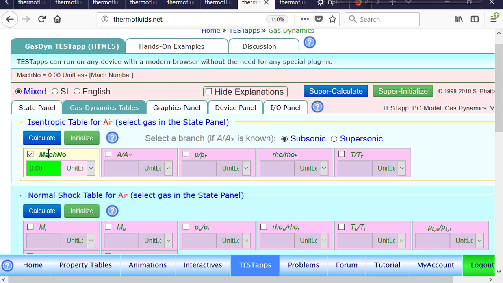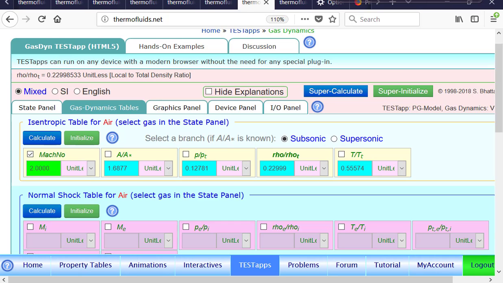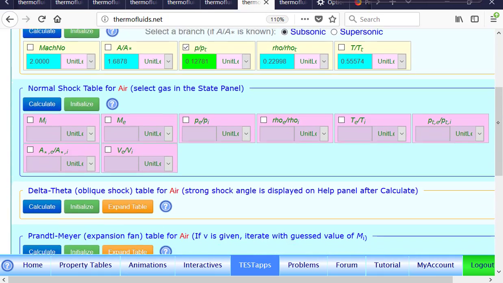Now if we enter the Mach number, things will work. For instance, Mach number is 2, and the isentropic table is calculated, the local static to total properties. You don't have to know the Mach number. Suppose you know the pressure ratio, then it will calculate all other variables. So that saves you time from looking up an isentropic table.